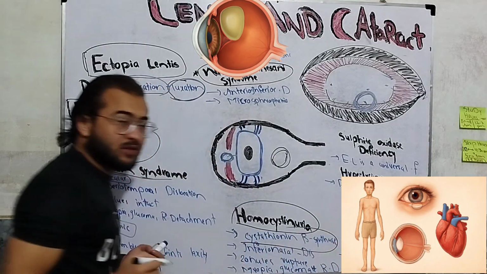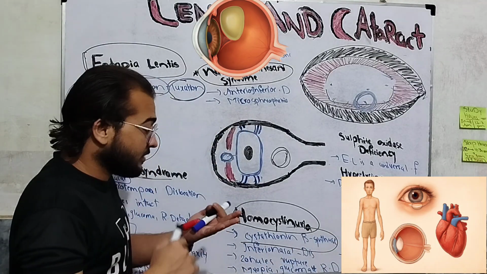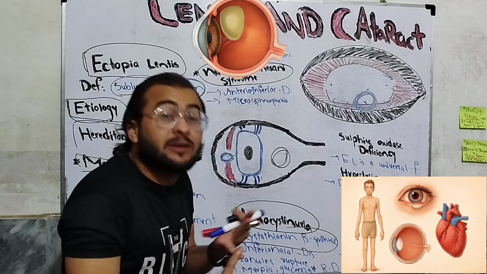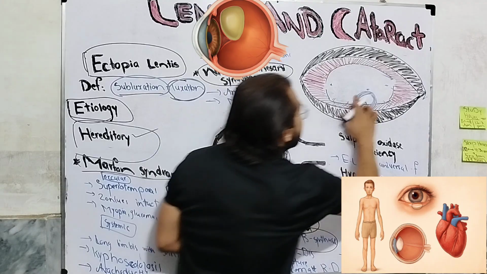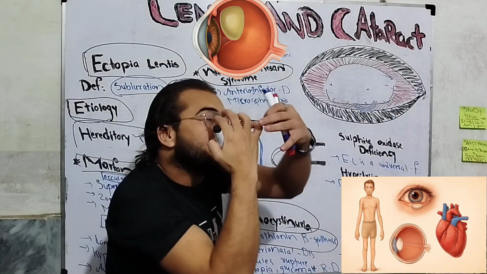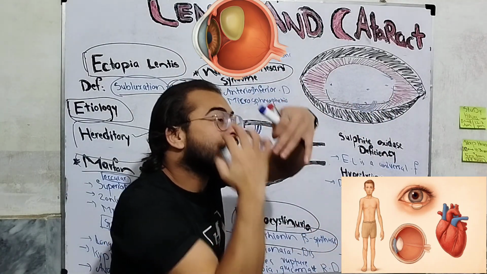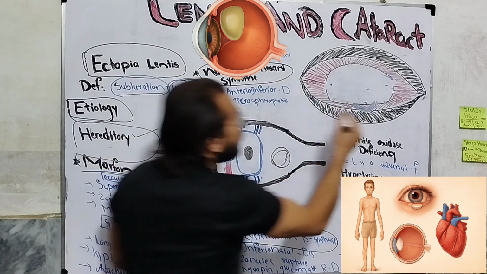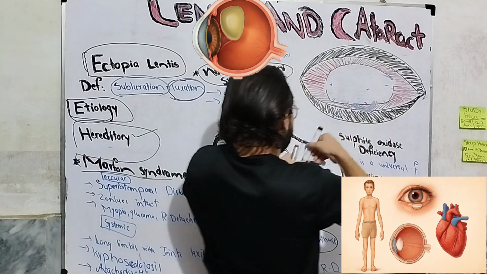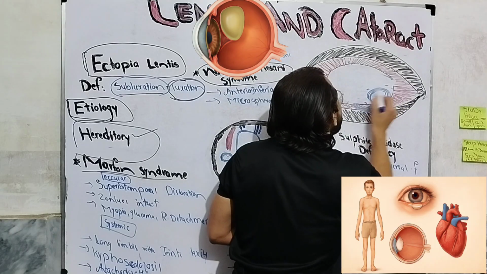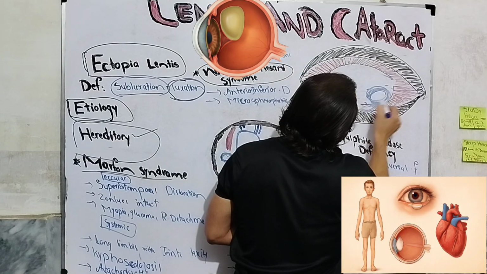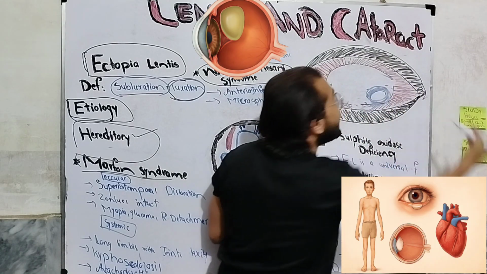When there is this deficiency, we will have ocular features like dislocation, but the dislocation is opposite to Marfan syndrome. The dislocation is inferior and nasal, which is opposite to Marfan syndrome ectopia lentis. So the lens will be dislocated inferiorly and nasally.